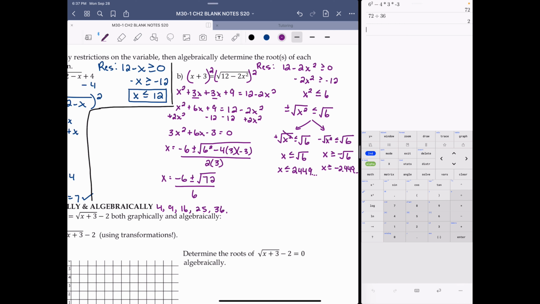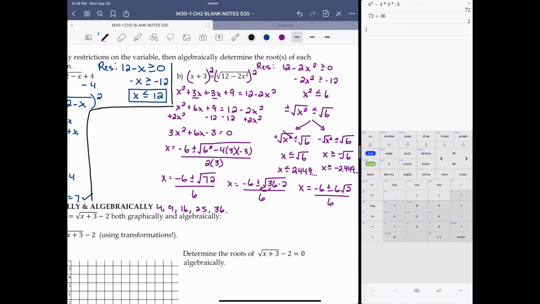So we can simplify it as x equals negative 6 plus or minus square root of 36 times 2 over 6. And then the 36 can come out. The square root of 36 is 6. We get x equals negative 6 plus or minus 6 square root 2 divided by 6.